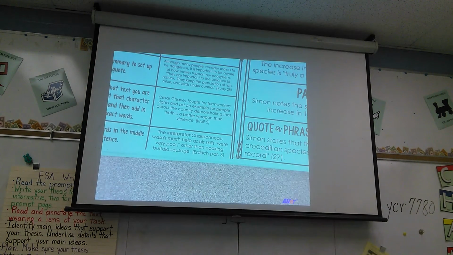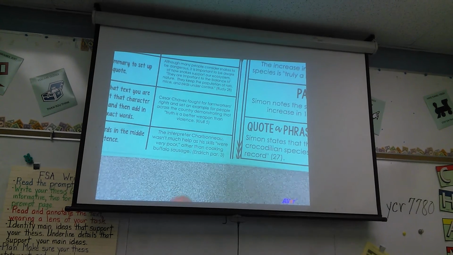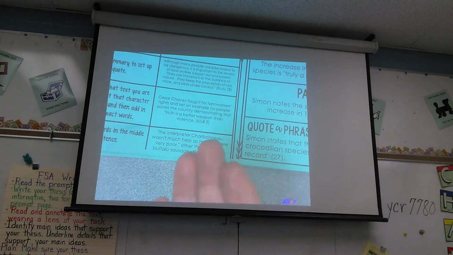Okay? Now, we initially looked at this chart in January. But when I saw your mock essays when we did the mock FSA, I found little to none citations, and those little citations that I did see, they were not properly executed.